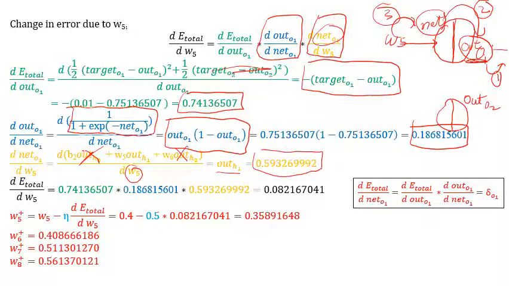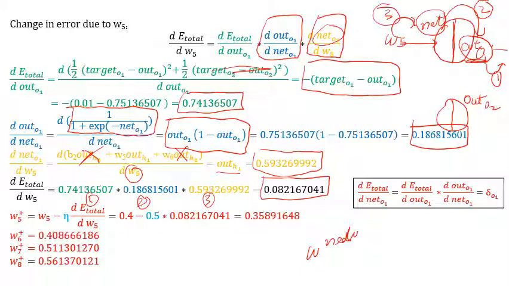So finally we get the third term. You multiply all these terms 1, 2 and 3, and you get the derivative of the total error with respect to W5. Likewise, because you are applying gradient descent, the new W will be what?